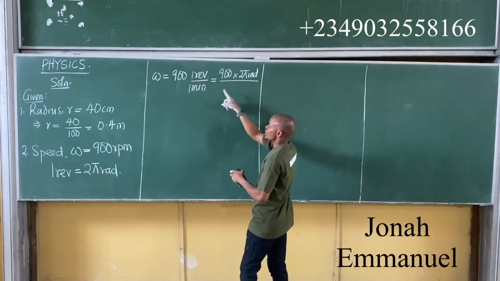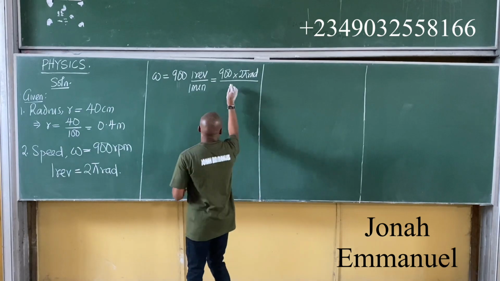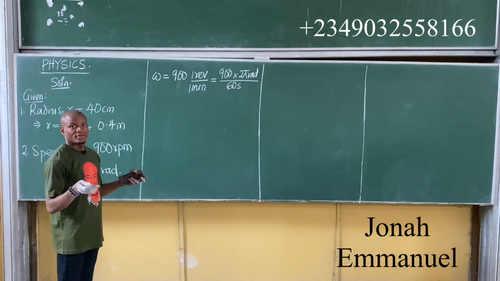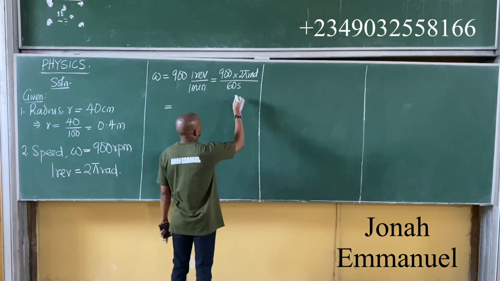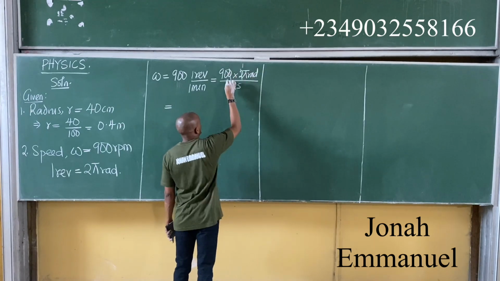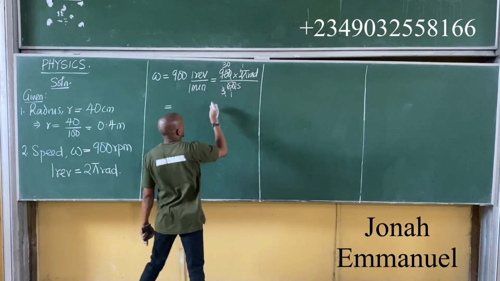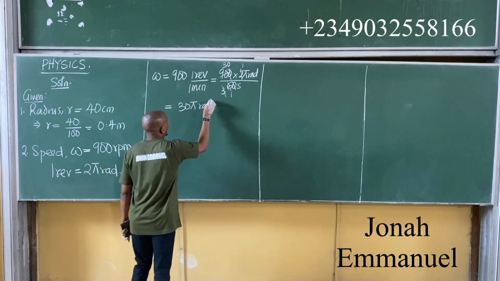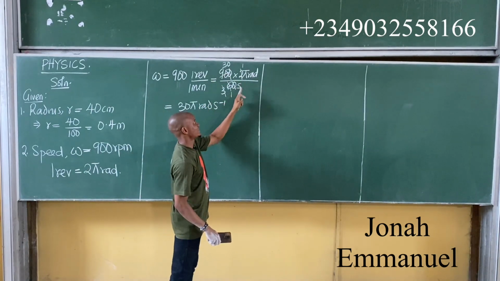In 1 minute, convert to seconds. How many seconds in 1 minute? 60 seconds. This conversion is easy. Work this out, this can cancel this, and that gives you 30 pi rad per second.